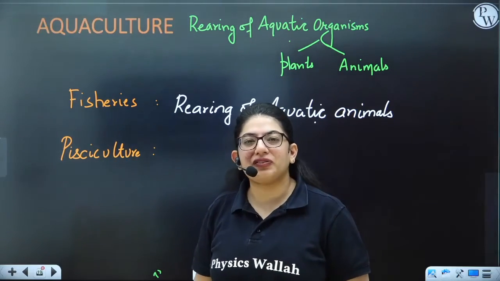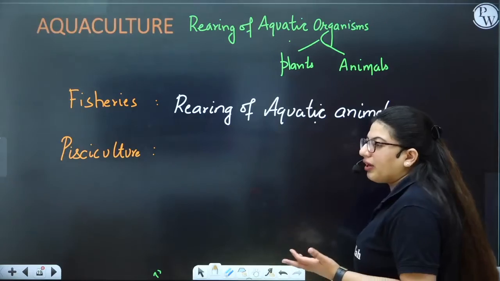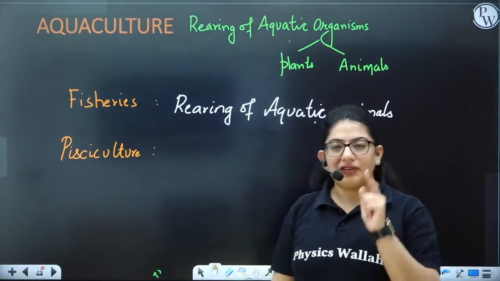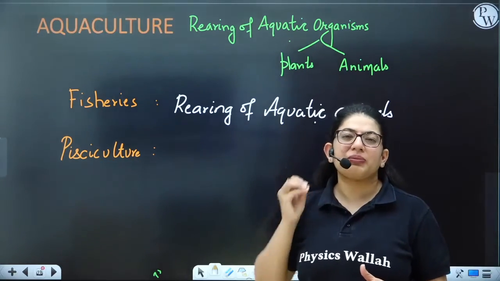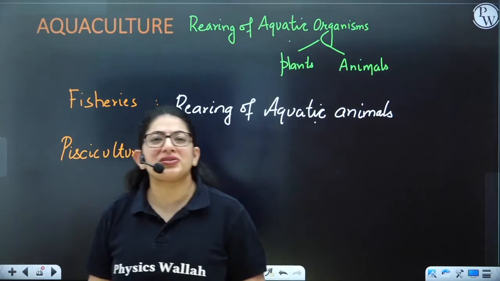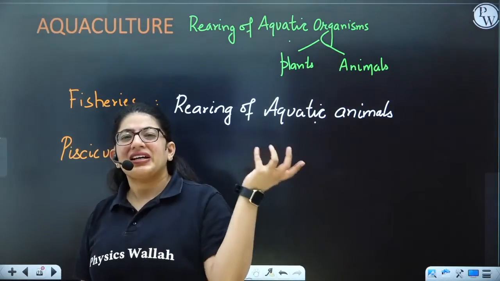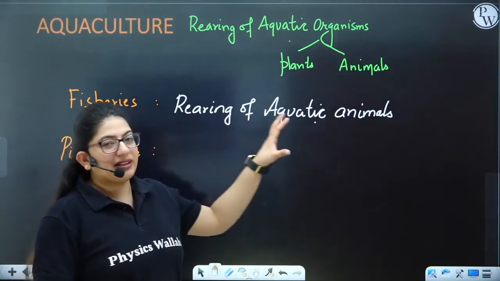People eat a lot of seafood. When I talk about fisheries, I'm talking about both the capture and rearing of these aquatic organisms. You have seen some people going through the oceans and rivers capturing a lot of oysters, octopus, squids, cuttlefish, and many things like that. All those are included in fisheries.